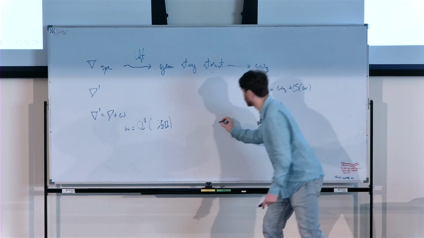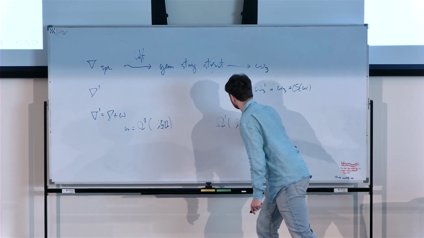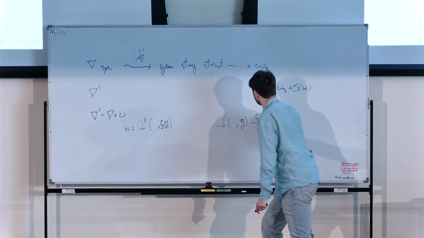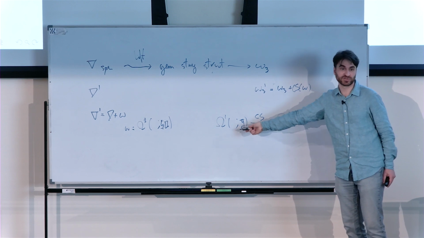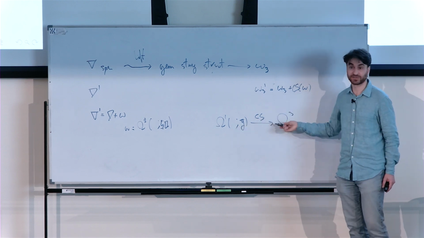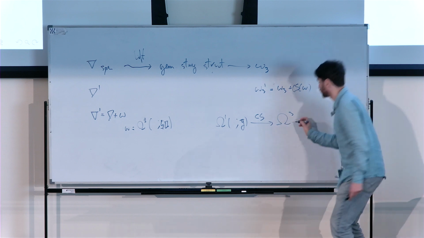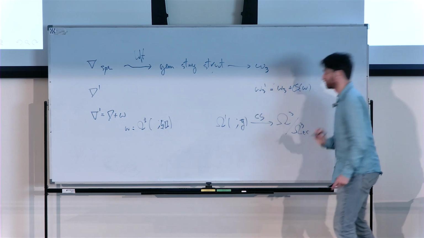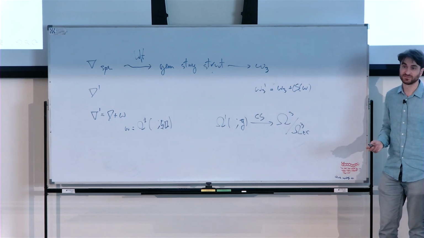The question then is, is it true that if I consider this map, I take a one-form with values in the Lie algebra g, and I take the Chern-Simons, is this surjective? Or is it at least surjective modulo exact 3-forms? This would be enough. I do not know the answer to this question.